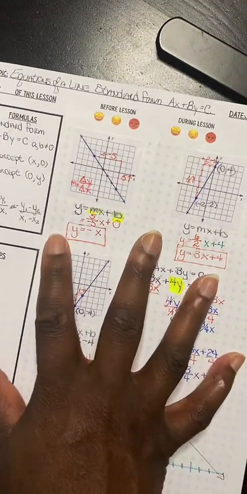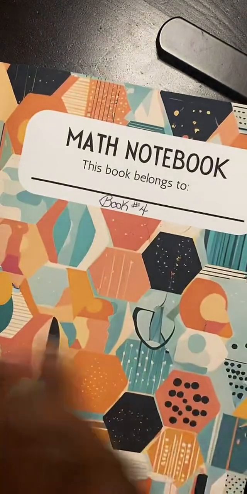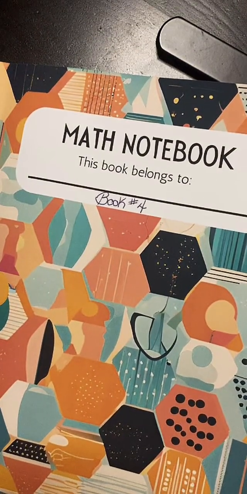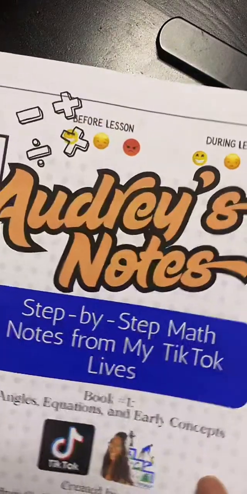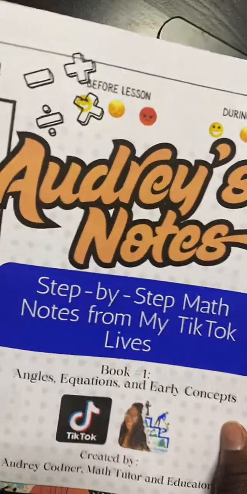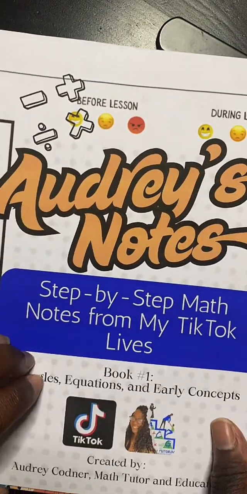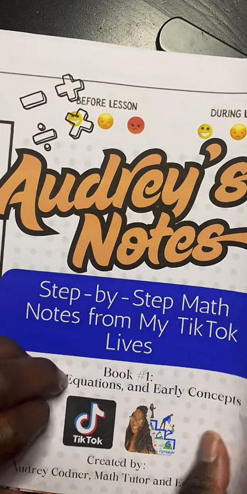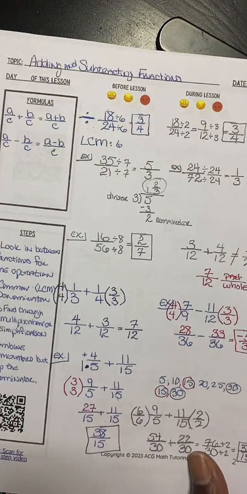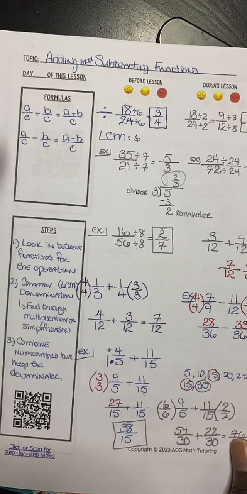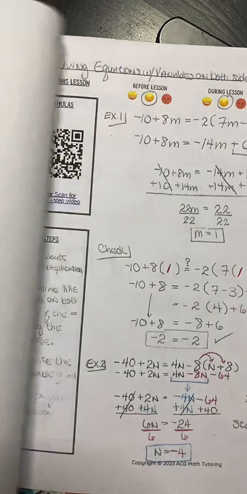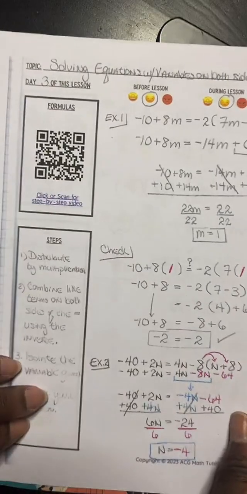If you actually like my notes, I have what's called Audrey's notes. So I took all of my notes that I do with my lives and I put them into a book, okay? They get the same exact coloring, same exact everything, but with each of them, you'll notice there's a QR code.